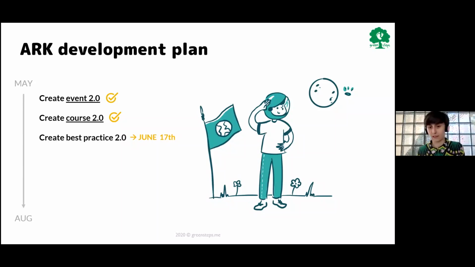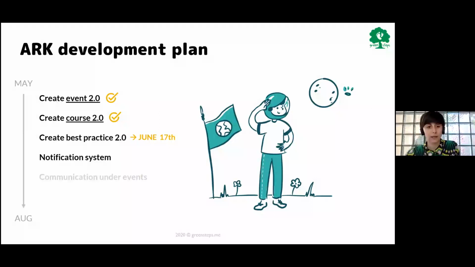Then communication under events. So basic functionality to communicate with people that are joining, or vice versa, so people can communicate with you. Then the rating. And then from August on, we plan to go to a next chapter that is the bioregional knowledge.